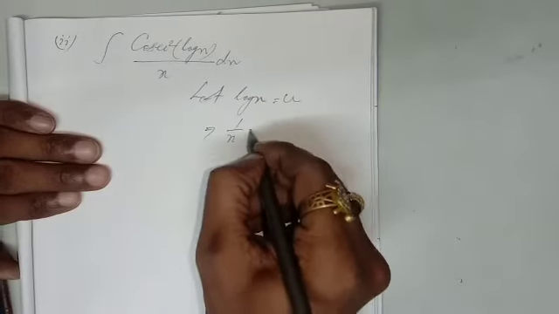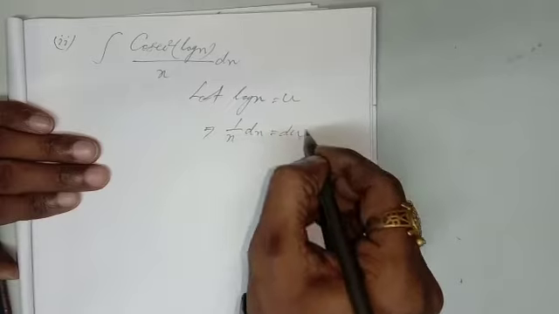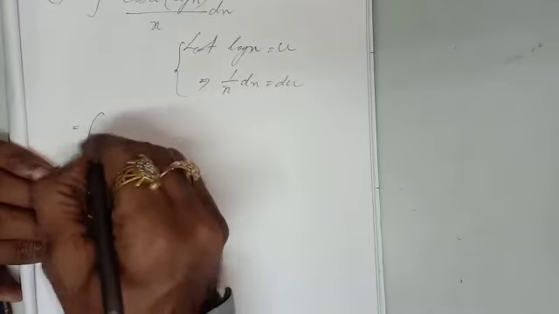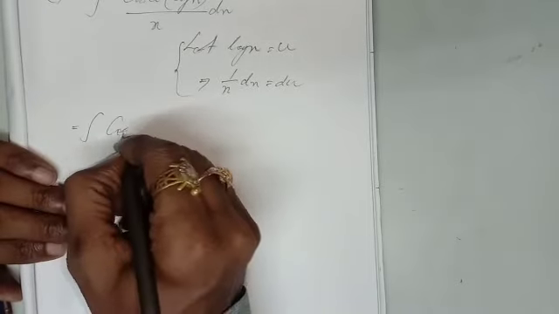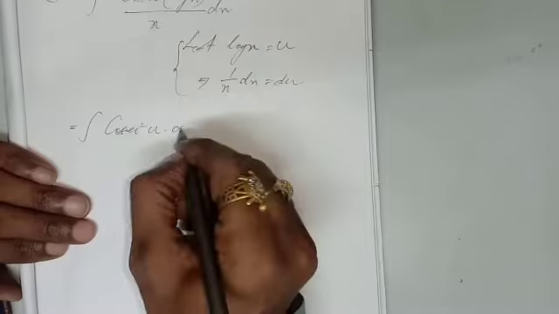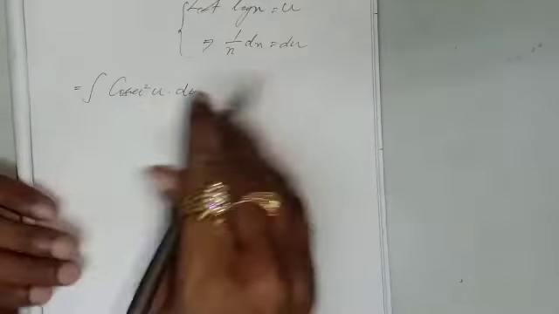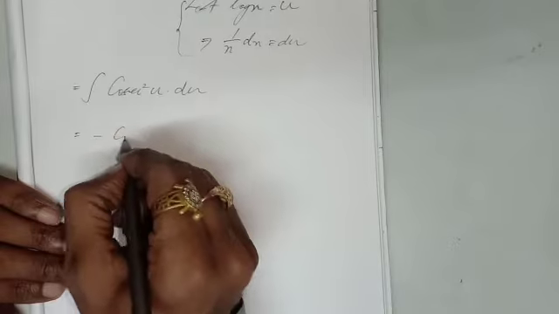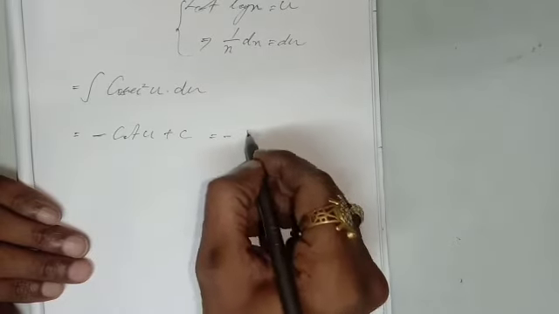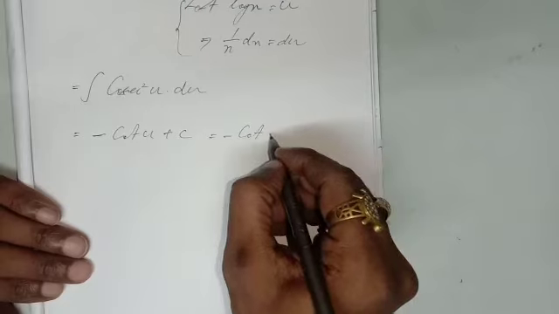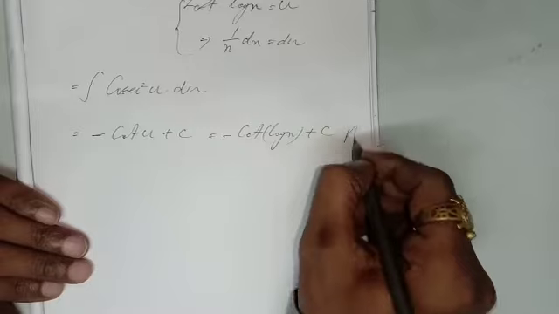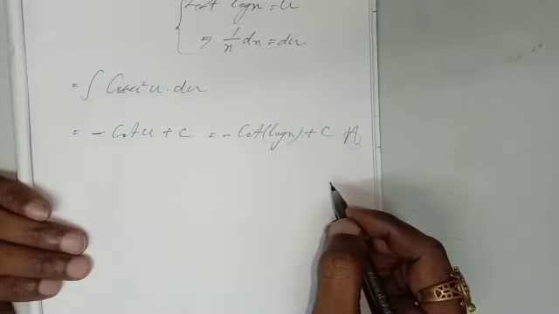That is 1 by x dx is equal to du. Now replacing log x as u, that is cos square u, and dx by x is du. So what is the integration of cos square u? That is minus cot u plus c. Minus cot u means here minus cot of log x plus c. This is the answer of number 6, second part.